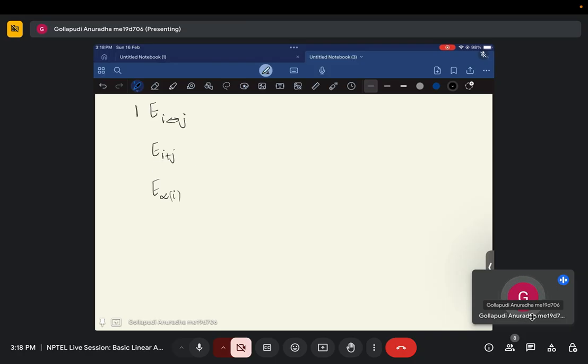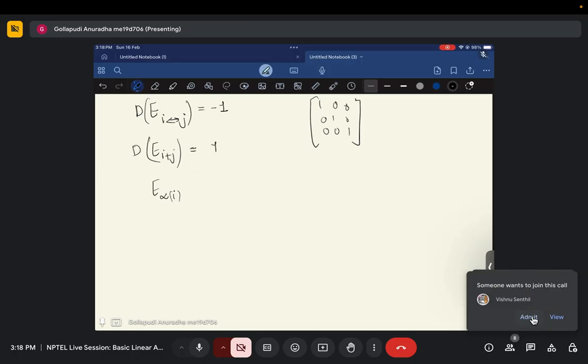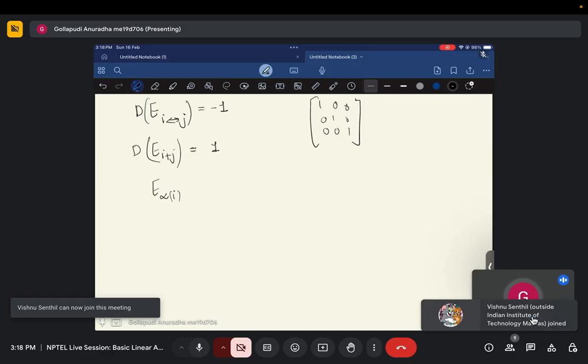The determinant of the elementary matrix for interchanging rows will be equal to -1. The determinant of the identity matrix is 1, and if you interchange any rows, you get -1, because on interchanging rows we get -1 times the determinant. If you add two rows, then the determinant will be 1 itself. This also we saw.